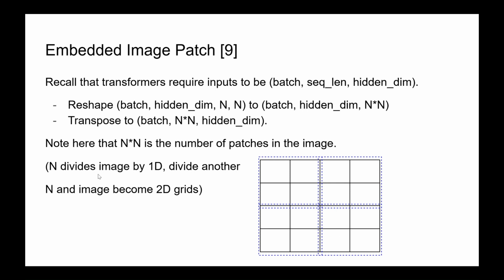That's what I have stated here, right? So when you think about batch, sequence length, hidden dimension, and going to batch, n squared, hidden dimension, you can see that n squared is actually the sequence length. Remember previously that I said each image patch is going to be 1 token. And if you have n squared image patches, you will have the sequence length entirely.